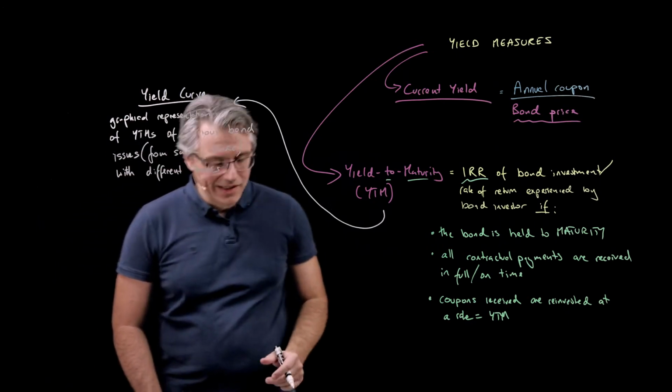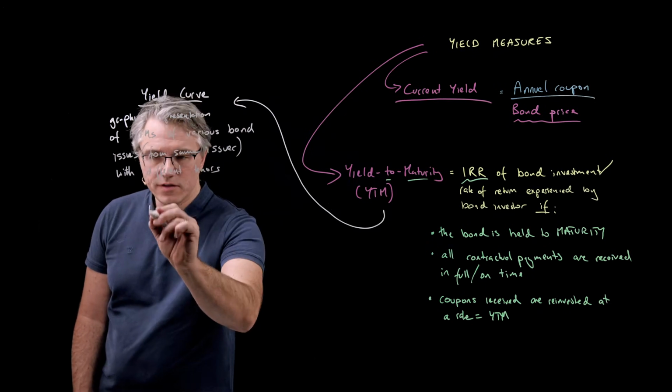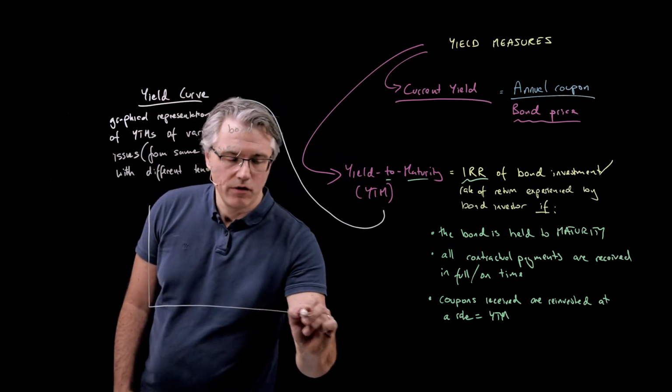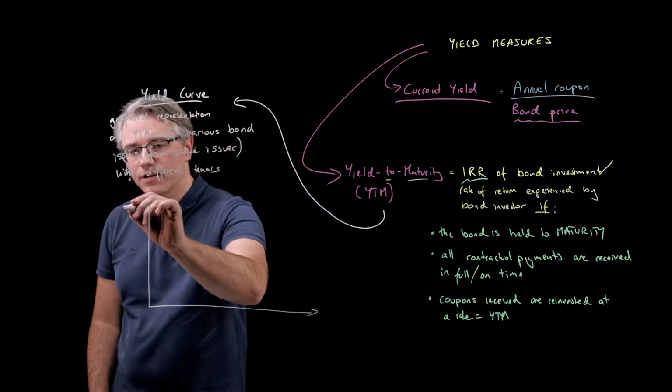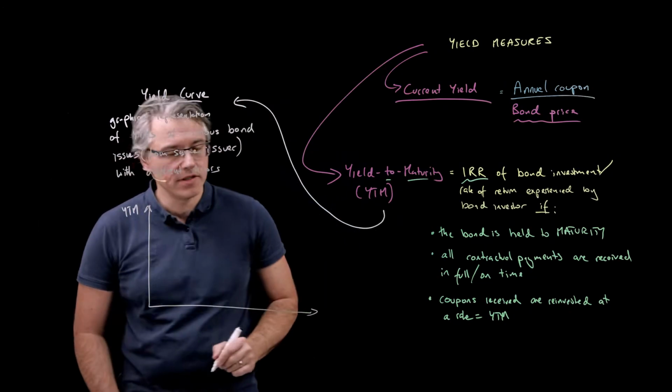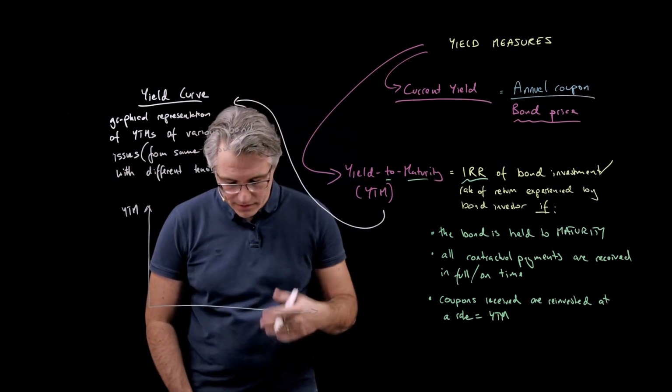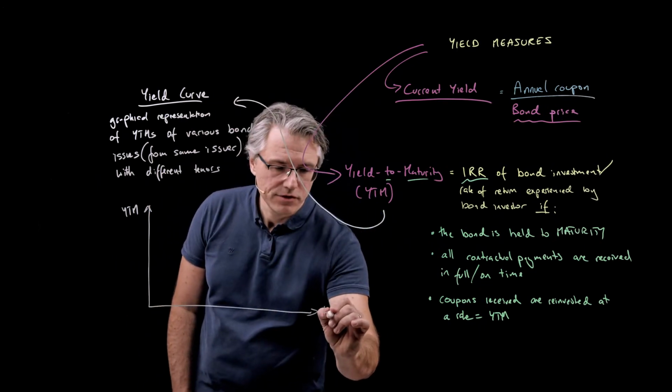So the classic way to represent this is to draw a graph on which on the vertical axis you'd have the actual YTM, the yield to maturity, and over here you'd have the tenors, the time remaining to maturity.